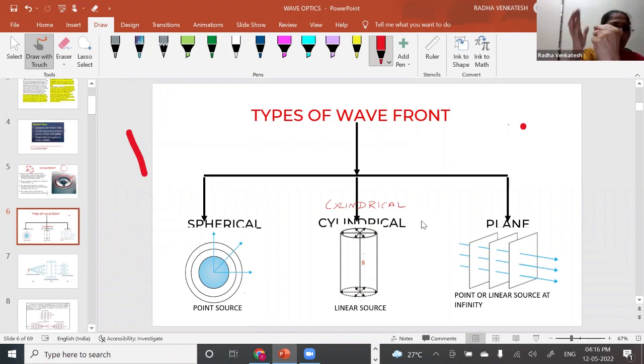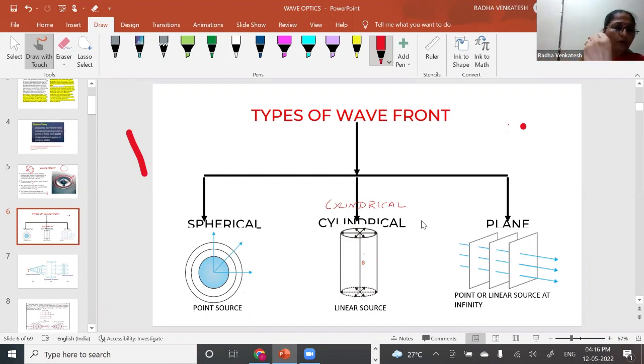And if I try to draw a geometrical shape around it, what kind of a shape am I going to get in space? Spherical shape. It will be a sphere, right? All the points on that sphere will be receiving light from this source, and the phase of all those waves.